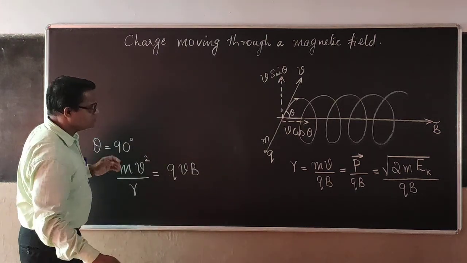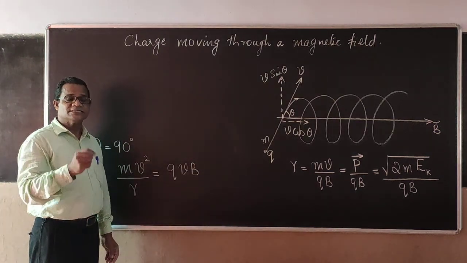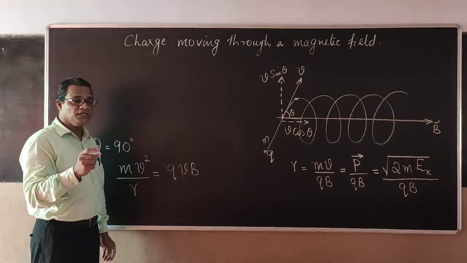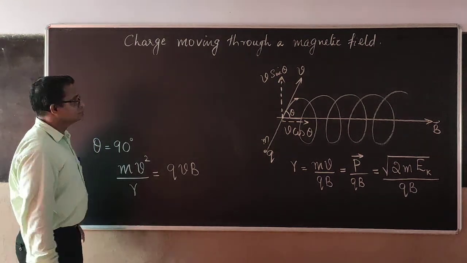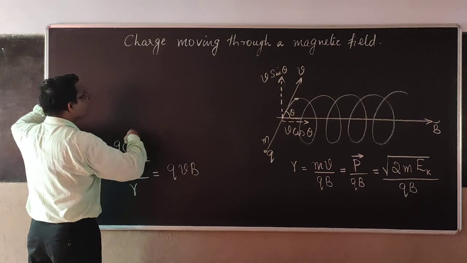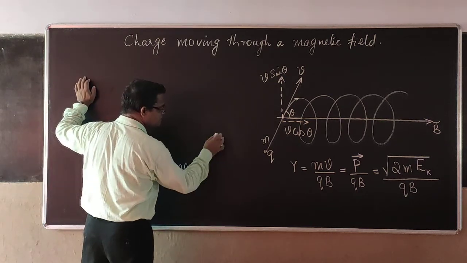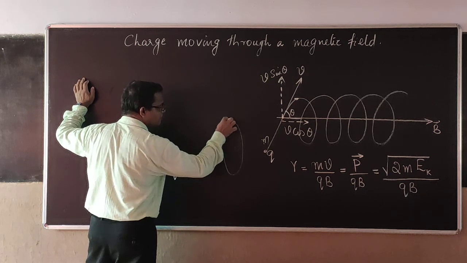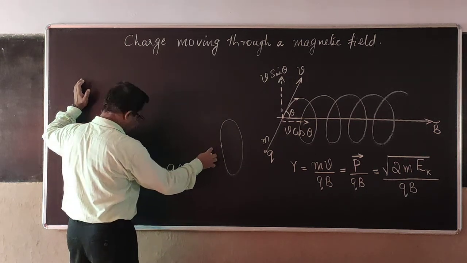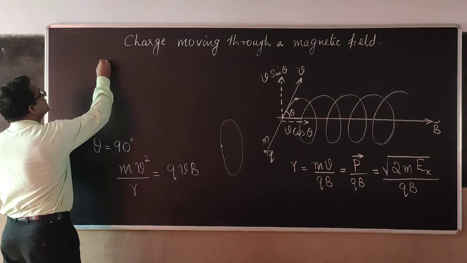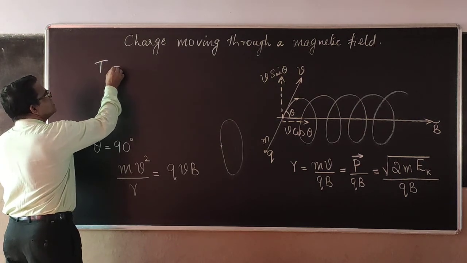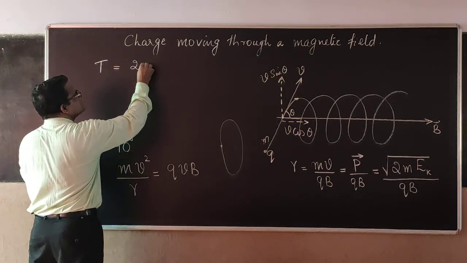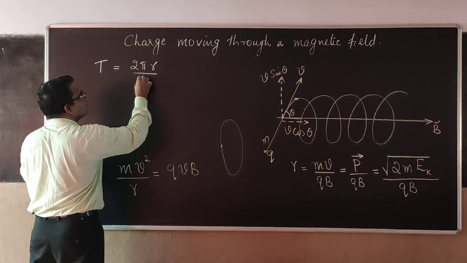We can get it from the definition. It is the time taken for one complete rotation. As it goes around in a fixed circle like this, for one complete rotation it is traveling through the circumference with a velocity v. Therefore, time period T will be equal to distance traveled by velocity.